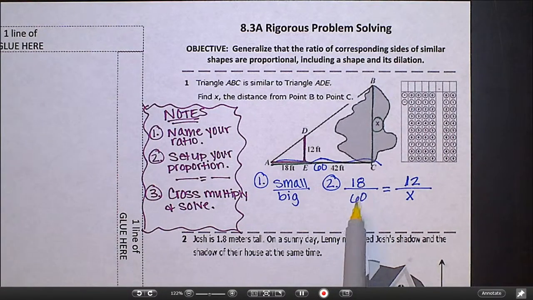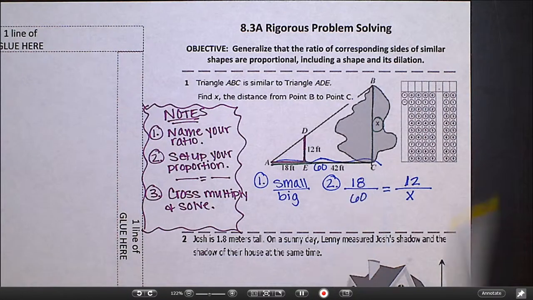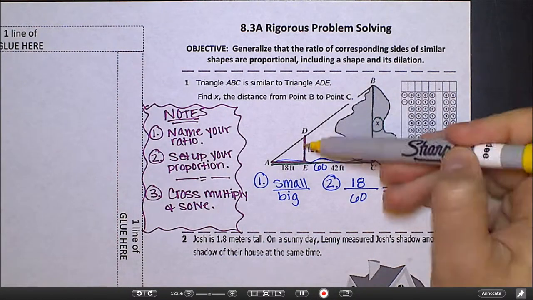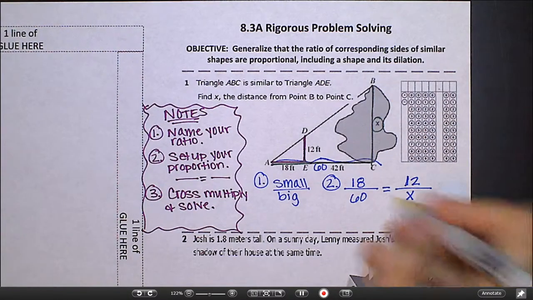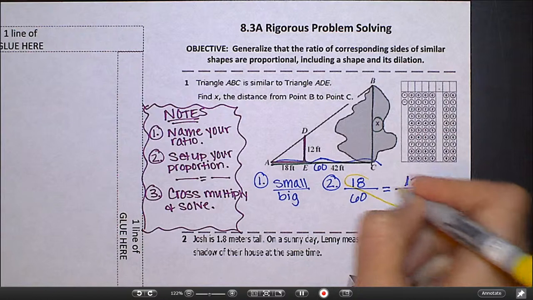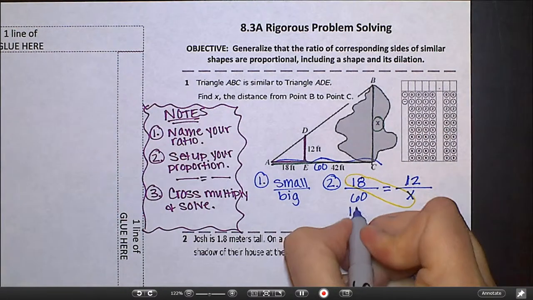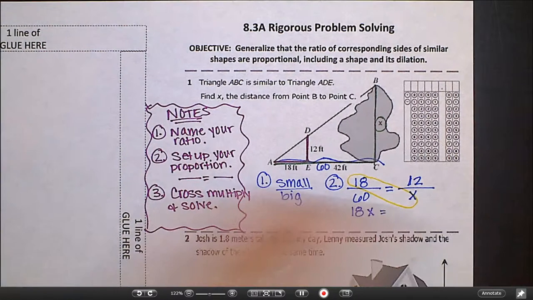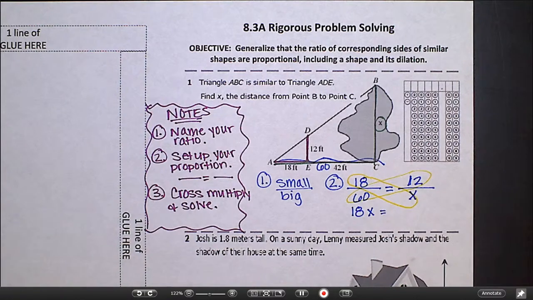So is this small over big? Yep, small over big. Is this small over big? Small over big. So this works. So now we can cross multiply. 18 times x is 18x. 12 times 60, let's put that in our calculator.